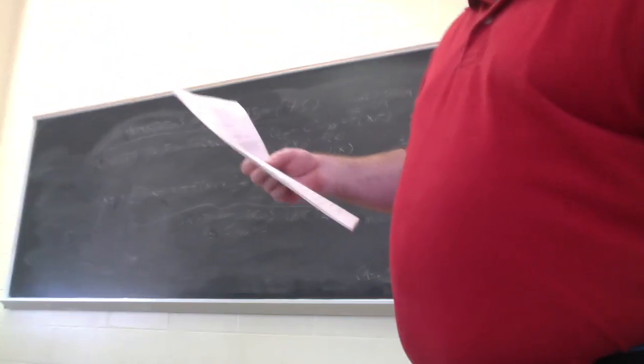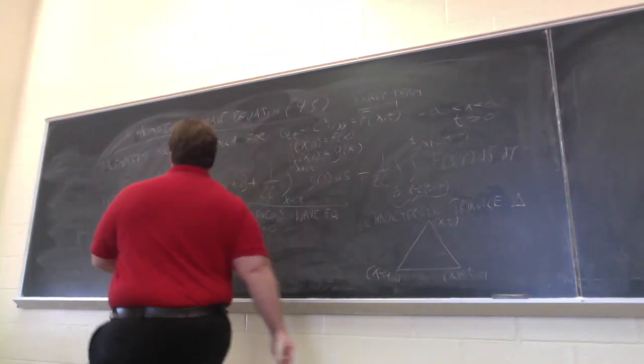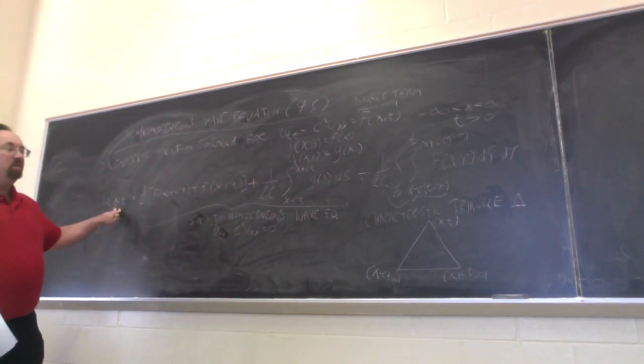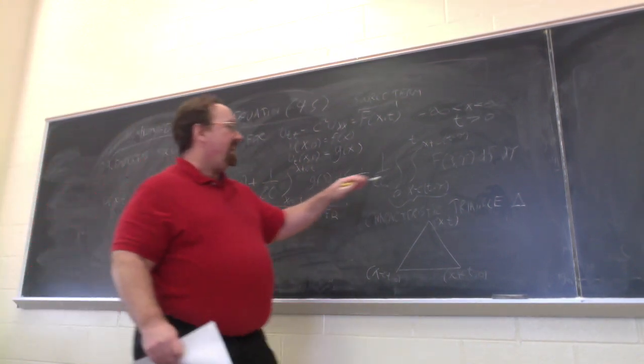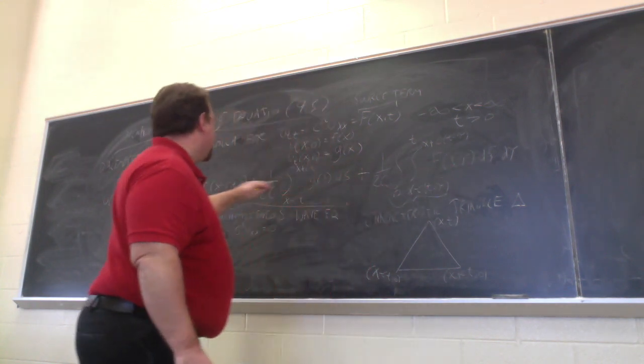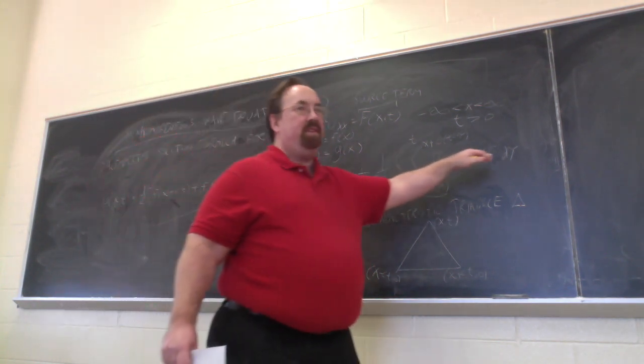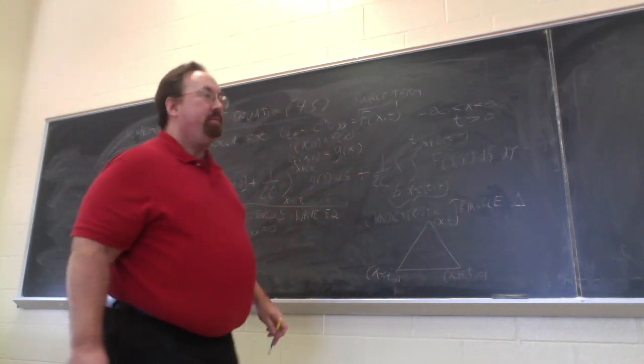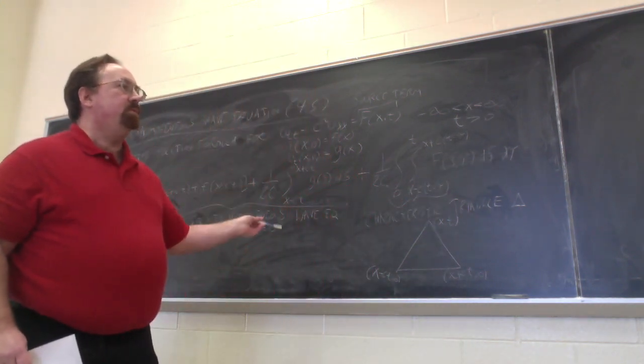What I had in the notes was x naught, t naught, which allowed me to use x and t as my variables of integration. But because I'm using (x,t) out here, I need to use something different inside. Actually, this will make it more consistent with what I'm about to do.